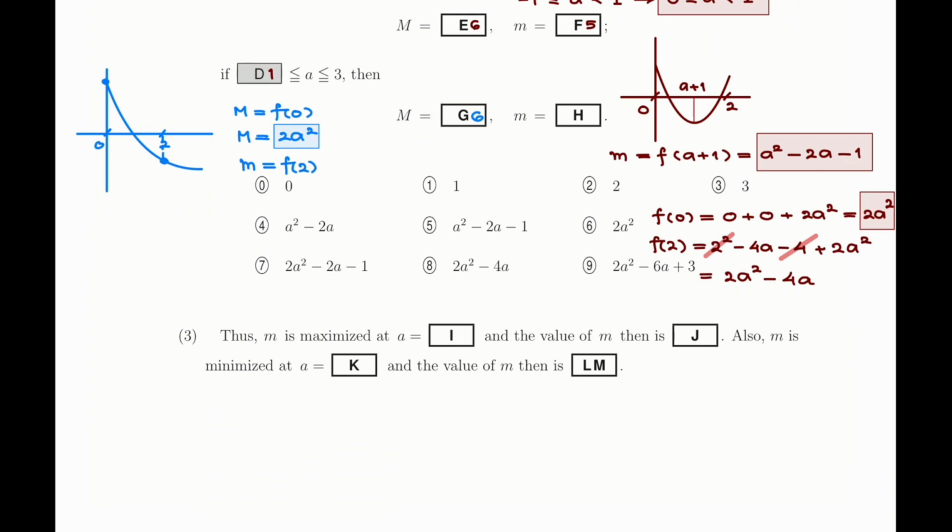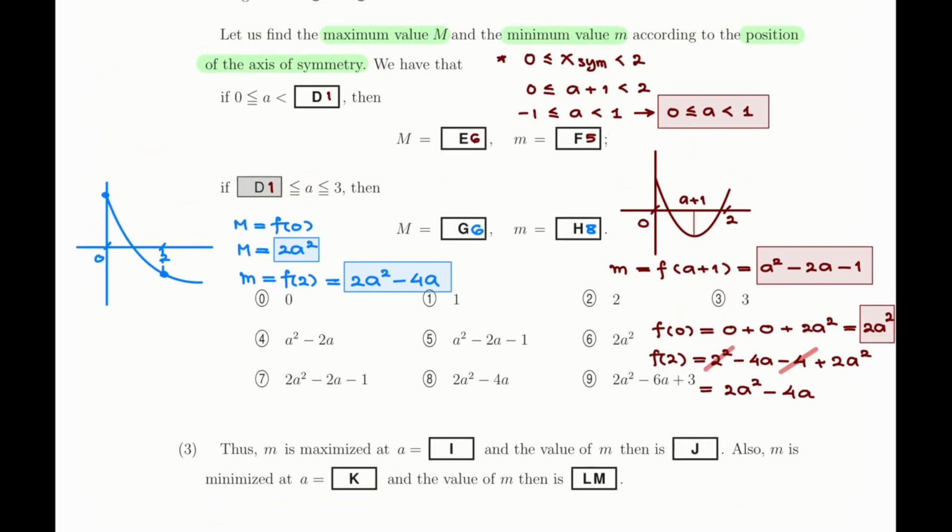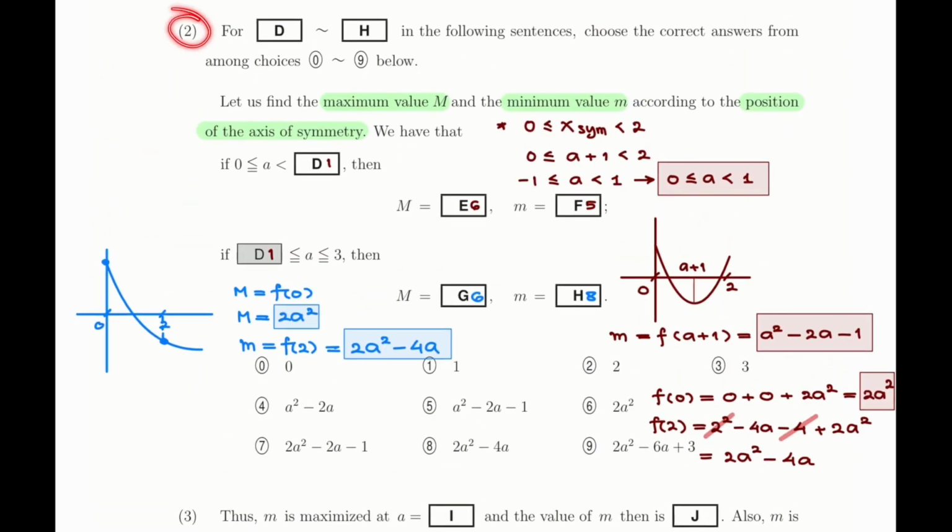We also already found f of 2, which is 2a squared minus 4a. So for letter H, my final answer is number 8, 2a squared minus 4a. This is the answer for the second question.